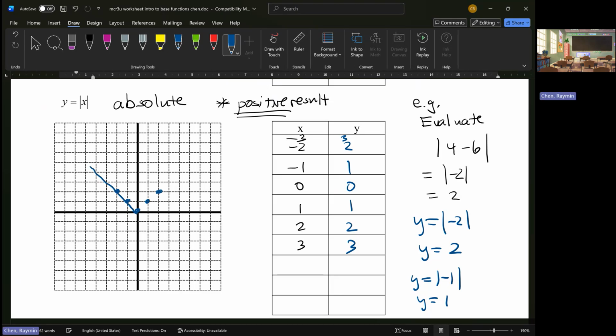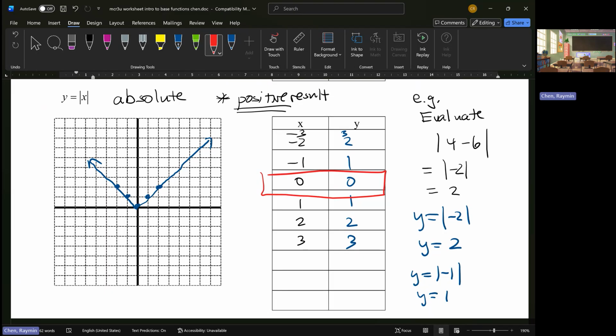What shape does this look like? It looks like the letter V. So this is the V shape. Notice some similar characteristics. (0, 0) seems to be a vertex, and it's very sharp. So there's some similarities to a previous function that you looked at.